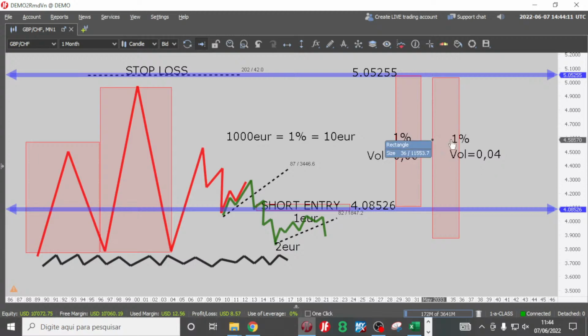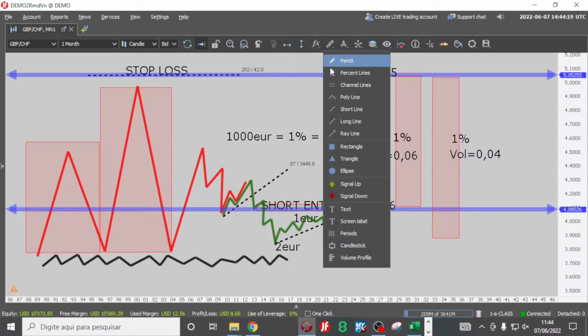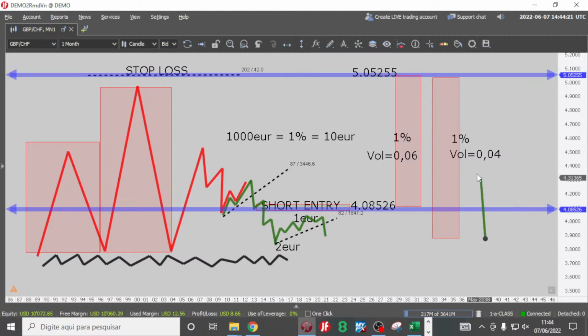You can risk 1% on 50 pips and you can risk the same 1% on 500 pips. How? You are going to enter with less lots, less volume, but you are still going to risk the same 1%. Make sense, everybody?